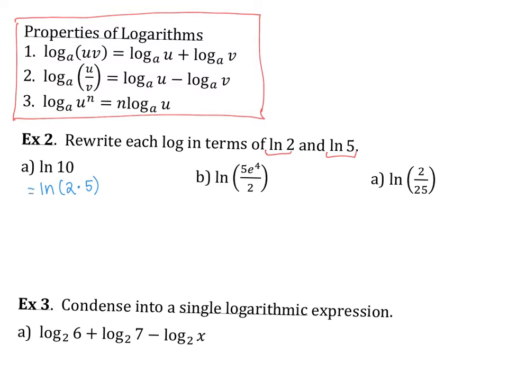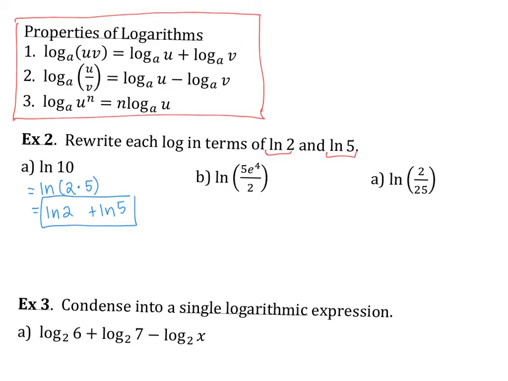Okay, once it's like that, I can use the properties of logs. If I'm multiplying the arguments, that is the same as adding the separate logs. So now my final expression is ln 2 plus ln 5. And I did succeed in rewriting my log in terms of ln 2 and ln 5. And if I knew the values of ln 2 and ln 5, I could evaluate it from here.